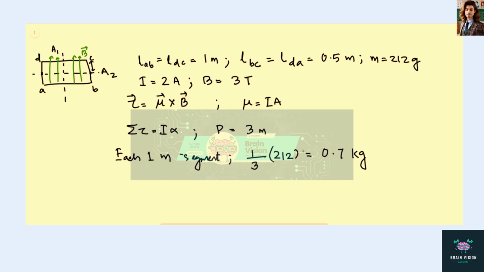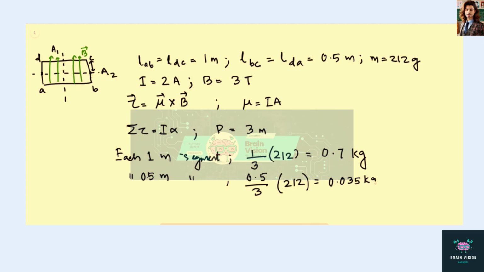I have done the calculation and converted to kgs. When you do this exactly, you'll get 70 grams, which you need to convert into kilograms. Again, the mass of the 0.5 meter segment will then be 0.5 over 3 times 0.21, the same process as we did above.